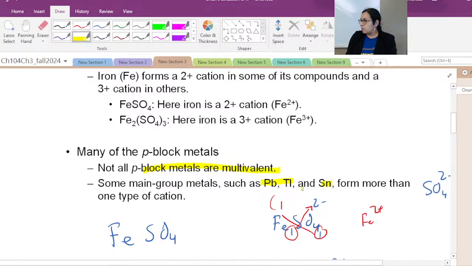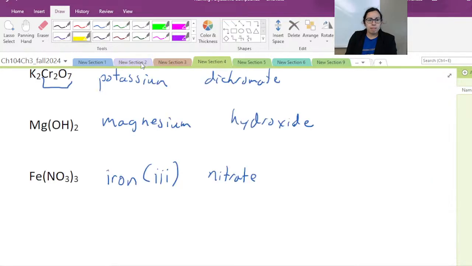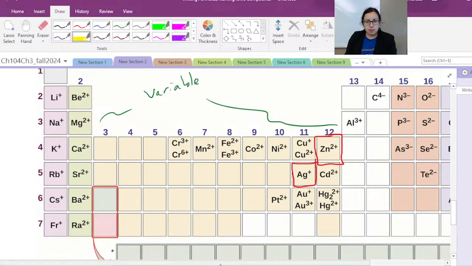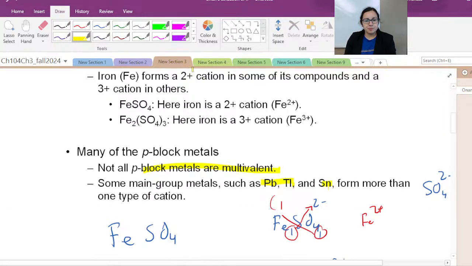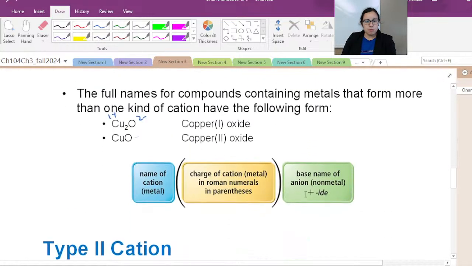The other exceptions for which we have to use the Roman numerals are lead, thallium, and tin, and those are in the main group. They're not here, but they would be listed in this area. Anytime we have those, we need to use a Roman numeral.